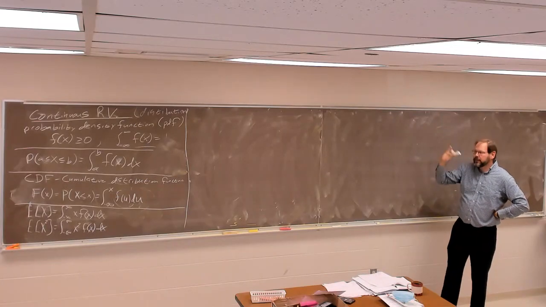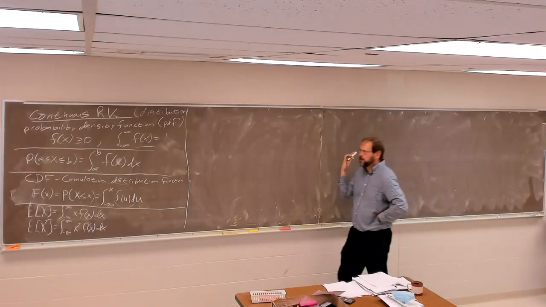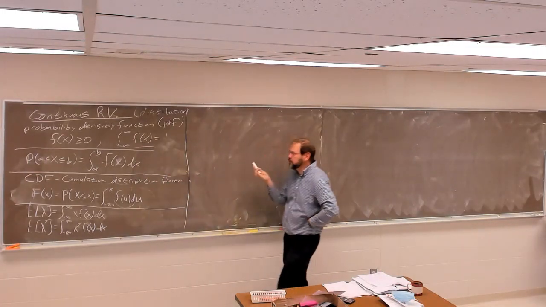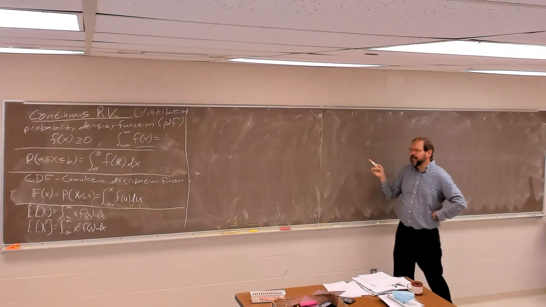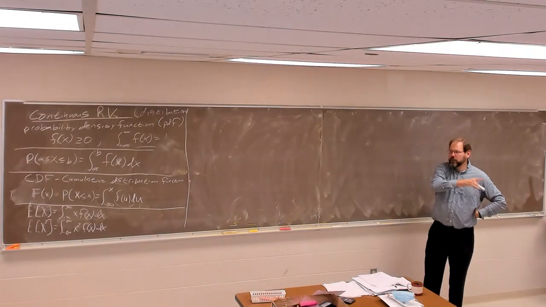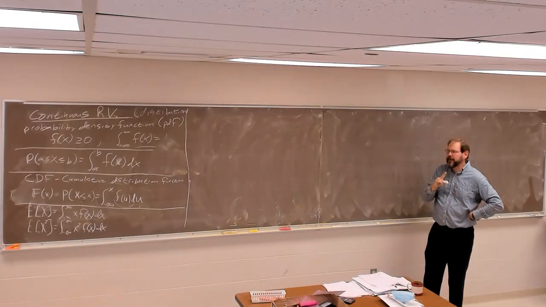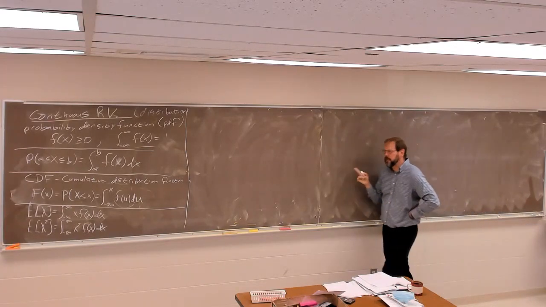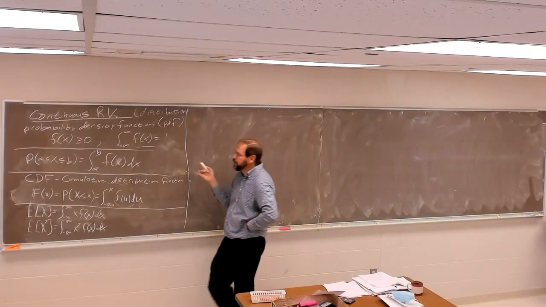You'll hear me say random variable, sometimes distribution; for our purposes they mean the same thing. Instead of probability mass functions, in the continuous case we now have probability density functions, PDFs.